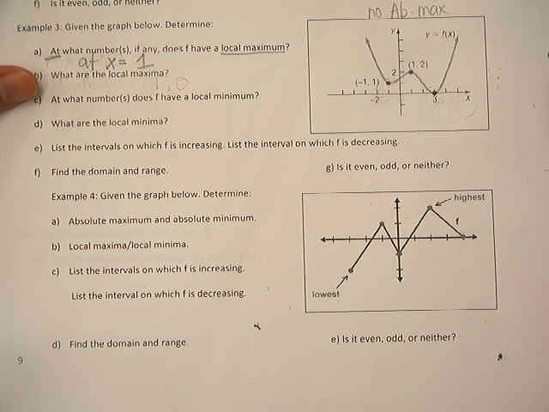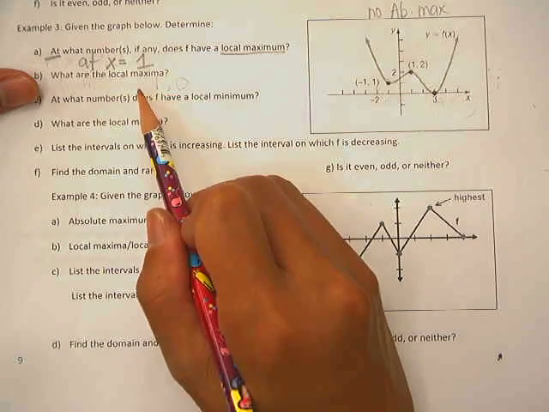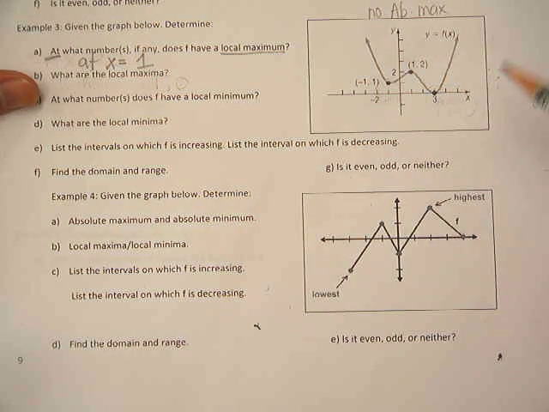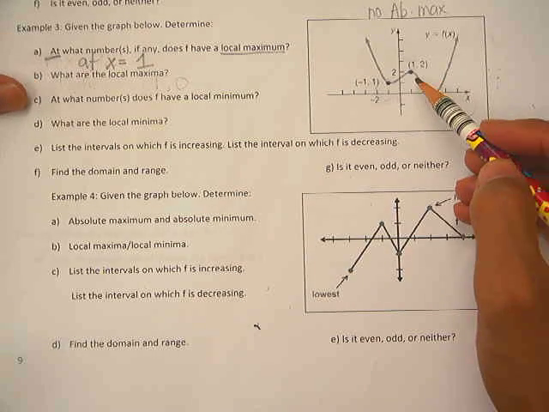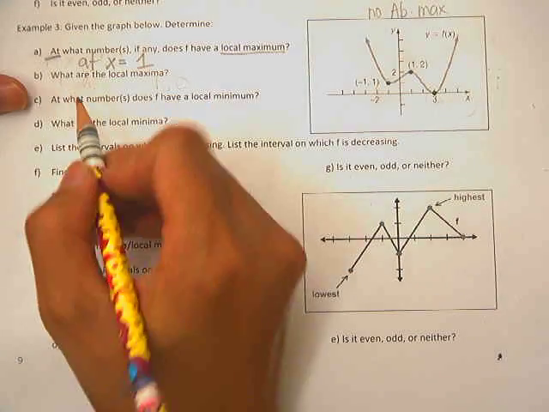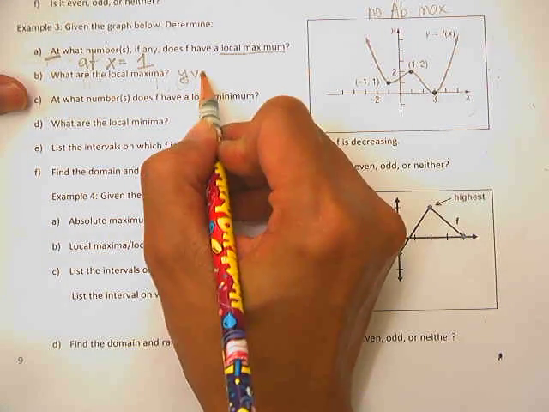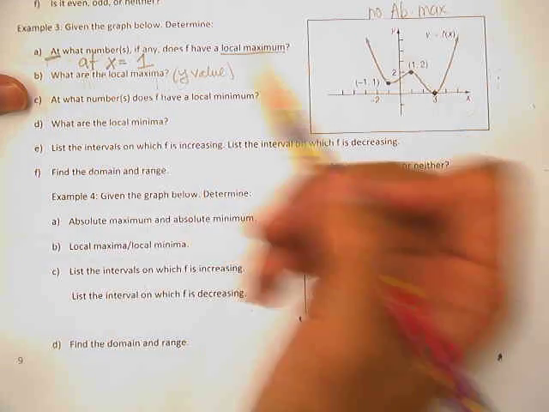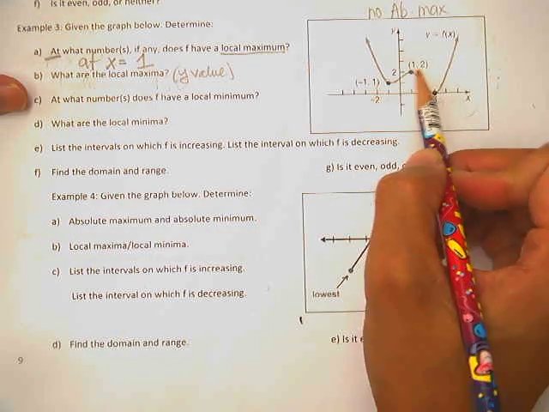Then it says, what are the local maxima? Local maxima is plural for maximum, just in case there are more than one. In this case, we don't have more than one local maximum, so we're just going to have one maximum. So "at" is really talking about the x value. "What are they" is really talking about the y value.